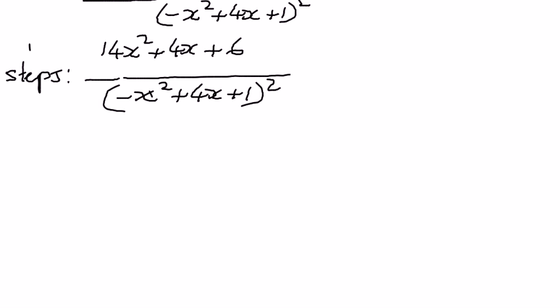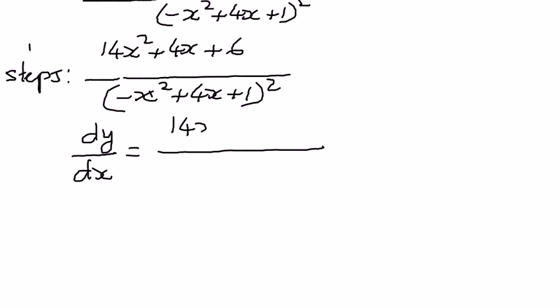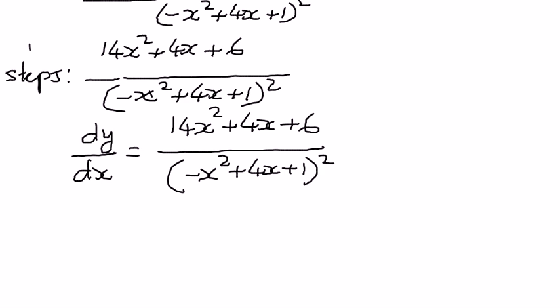So therefore the derivative of this given function, y is equal to 3x to the power of 2 plus 2x minus 1, the whole thing divided by minus x squared plus 4x plus 1, the derivative of that function with respect to x is going to be equal to 14x to the power of 2 plus 4x plus 6 divided by minus x squared plus 4x plus 1, this whole thing raised to the power of 2. This is where we want to leave it. This is our answer.